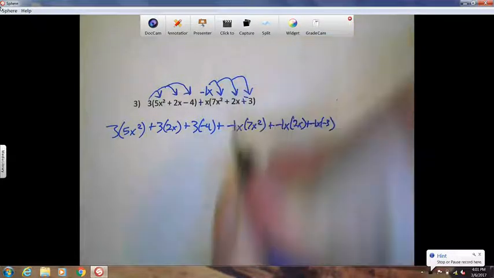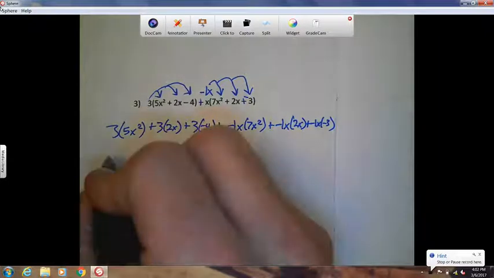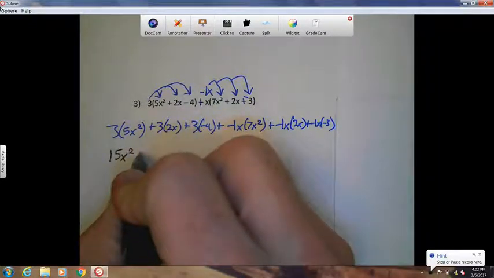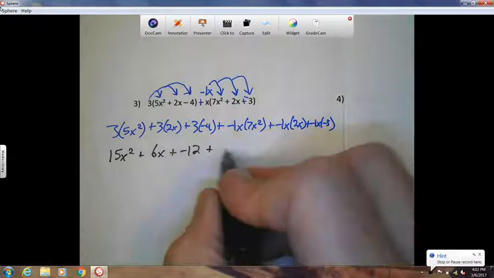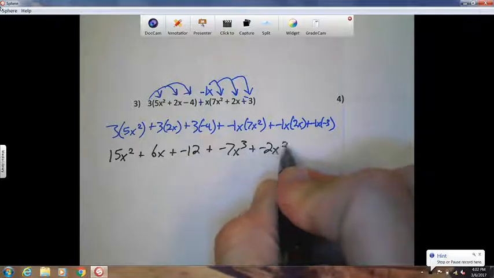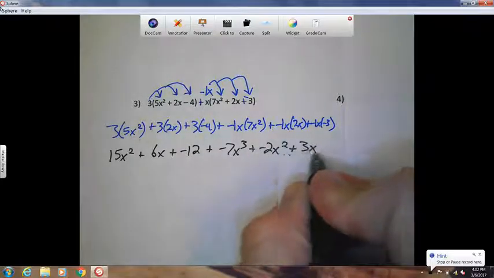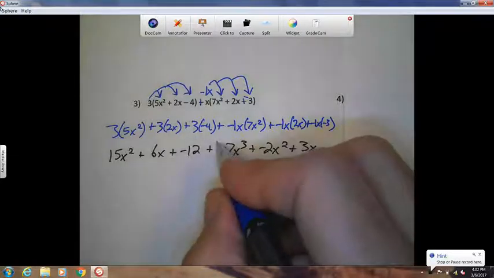Now multiply them out. So I have 15x squared plus 6x plus negative 12 plus negative 7x to the third plus negative 2x squared plus 3x. So again, all these things you know how to do, but there's lots of steps, so take your time, be careful. Now I'm going to combine like terms. X to the third, there's nothing else that's x to the third, so that stays.